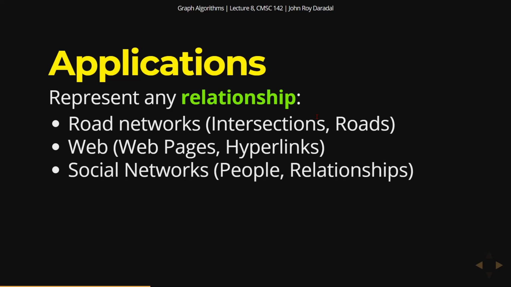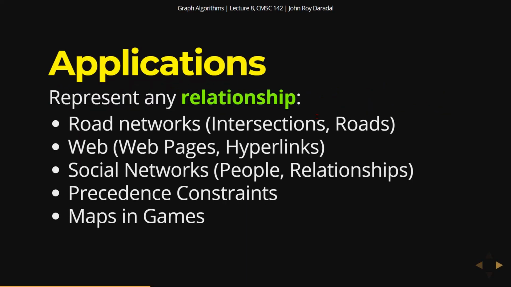And then of course you have your social networks where people are linked together with relationships. Then you also have precedence constraints, so we'll see this later in the second half of the video. And maps in games. If you're playing games with maps, the underlying data structure behind the scenes is usually a graph itself. So yeah, there's a lot of applications for graphs.